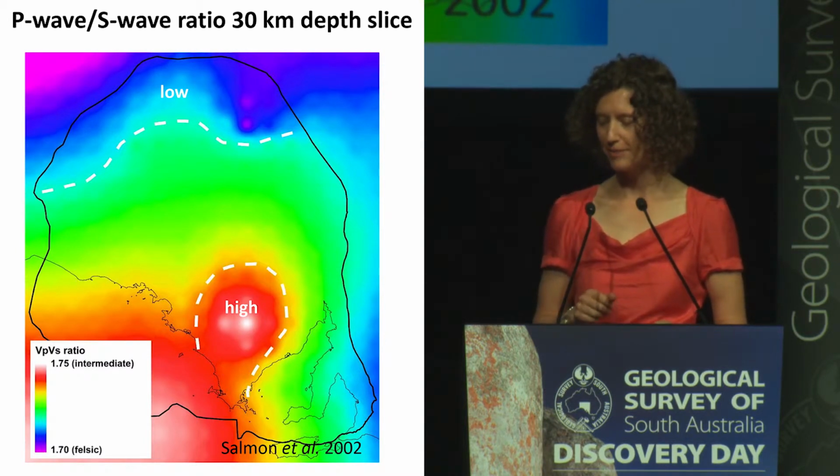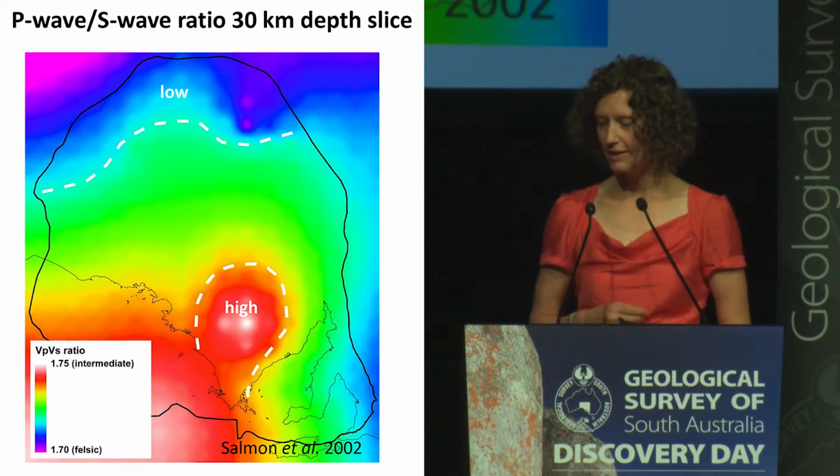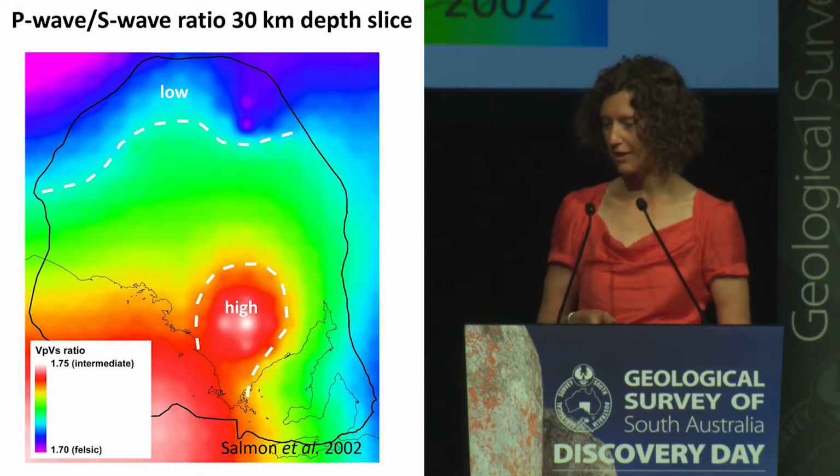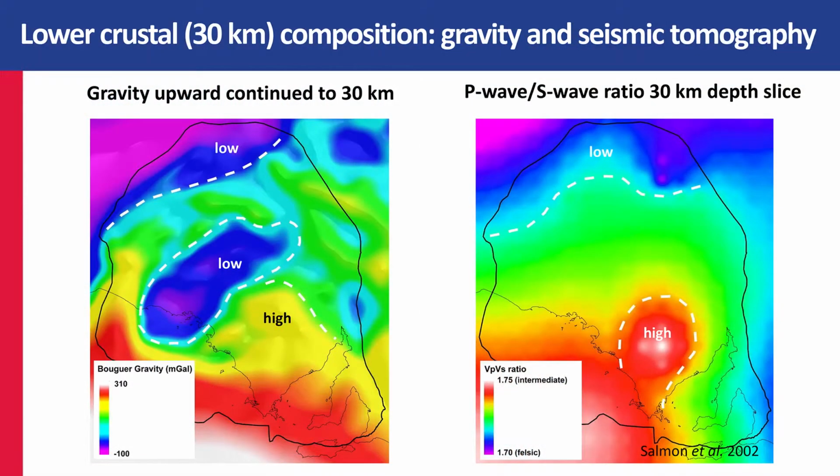Low ratios are more felsic rocks, and higher ratios are more intermediate or mafic rocks. We can see in this data set that the high P to S wave ratio corresponds to where we've got the gravity high, and also the lows correspond. So these big gradients are potentially significant structures within the mid and lower crust.